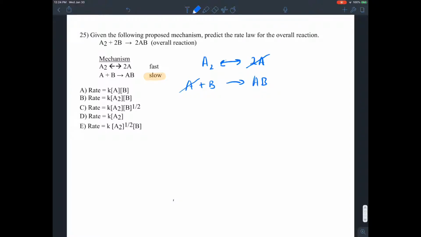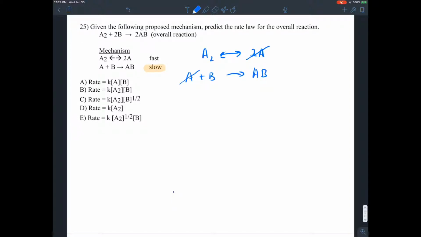So what happens here is that really this equation would, whenever we are crossing out things found on both sides, this A, for example, we call those reaction intermediates. Intermediates.